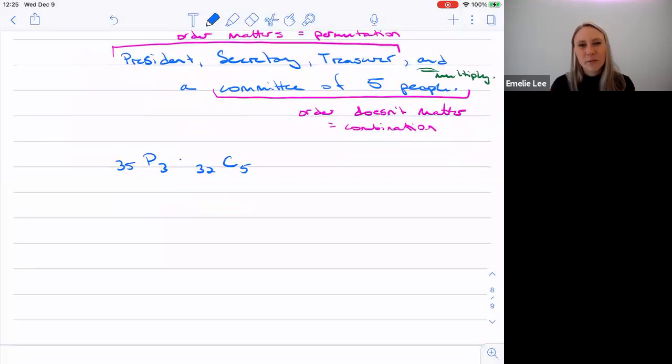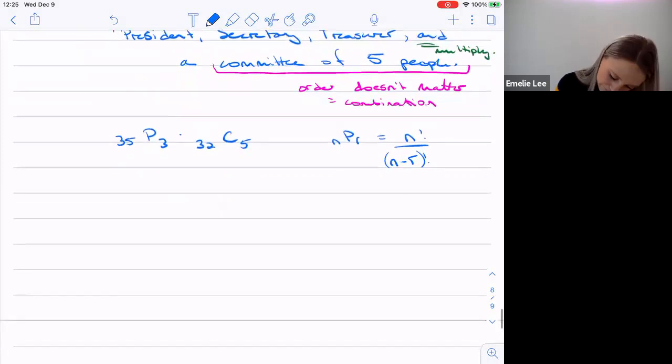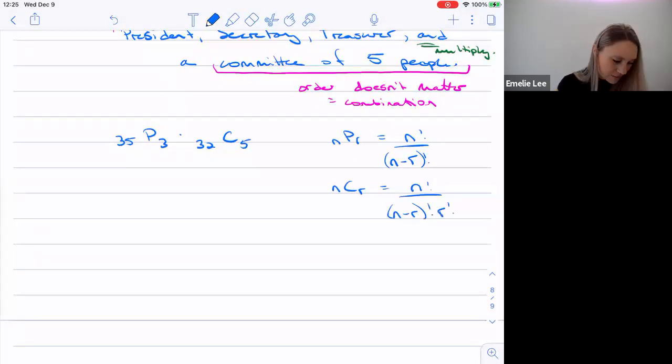So we've got 35P3, and I would probably just use your calculator. If you don't have a calculator, remember that nPr is the same as n factorial over n minus r factorial, and nCr is n factorial over n minus r factorial times r factorial.